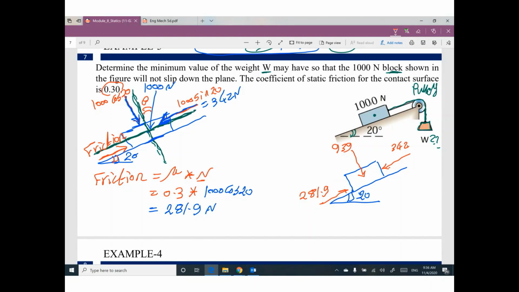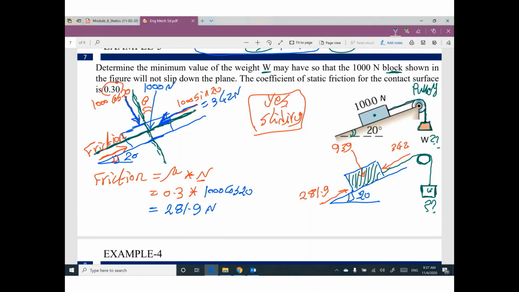Yes. Sliding will happen. So I'm trying to support this block with a cable around this pulley and attached at the end by a weight. And I'm looking for the value of this weight to maintain equilibrium for this block.